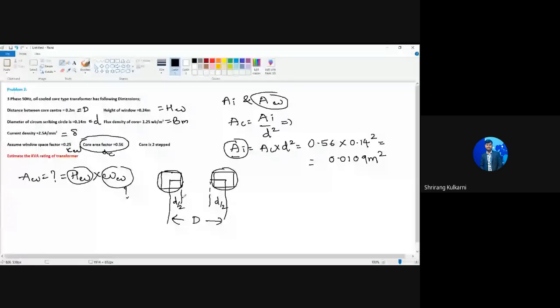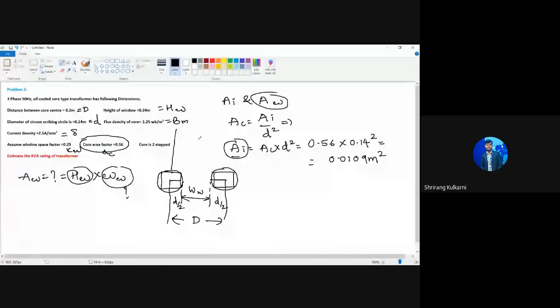What about this one? This gap is nothing but Ww. Correct? Yes or no? It is the core, just like this one. It is the Ww. So what is Ww now? Ww equals capital D minus small d.